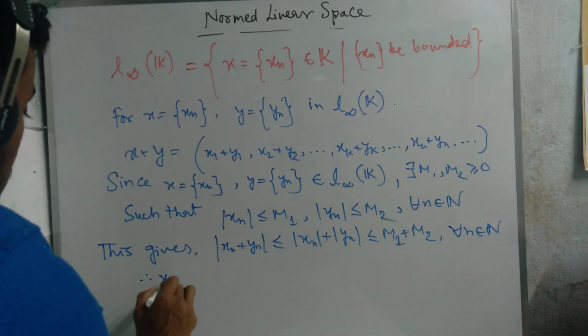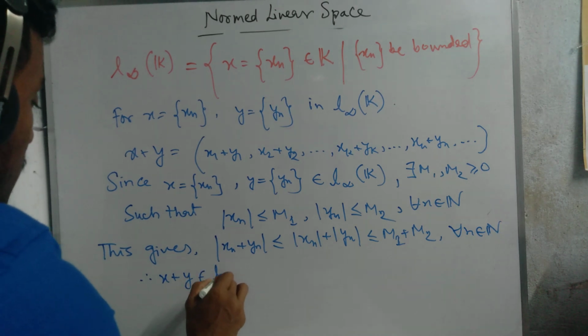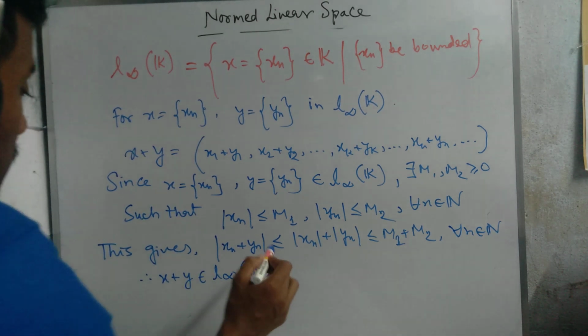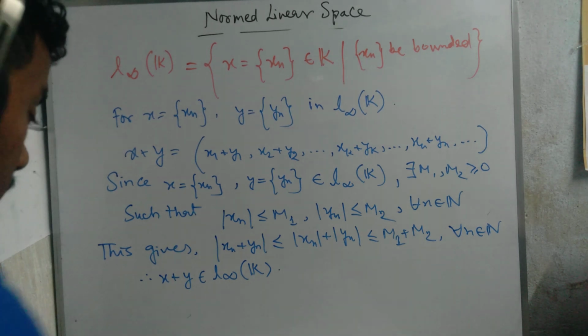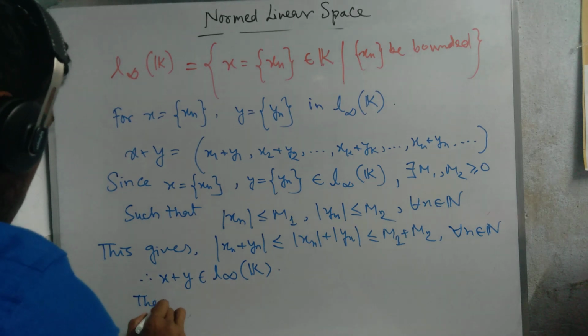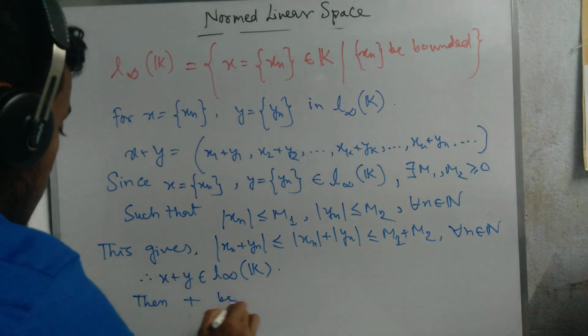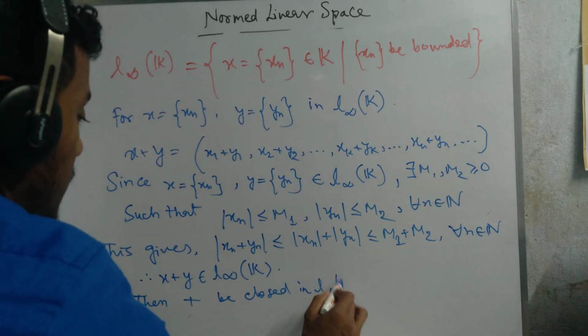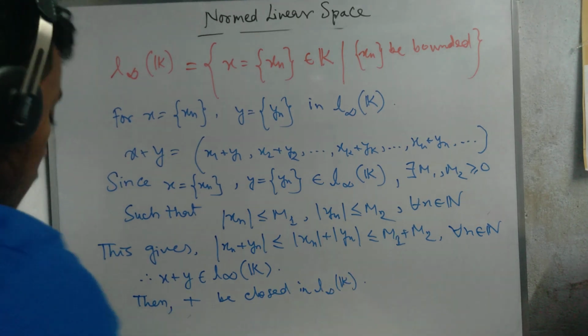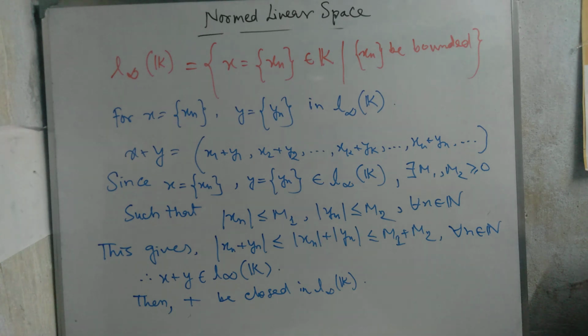So x plus y belongs to L infinity k. Then addition is closed on L infinity k. This operation is closed in L infinity k.